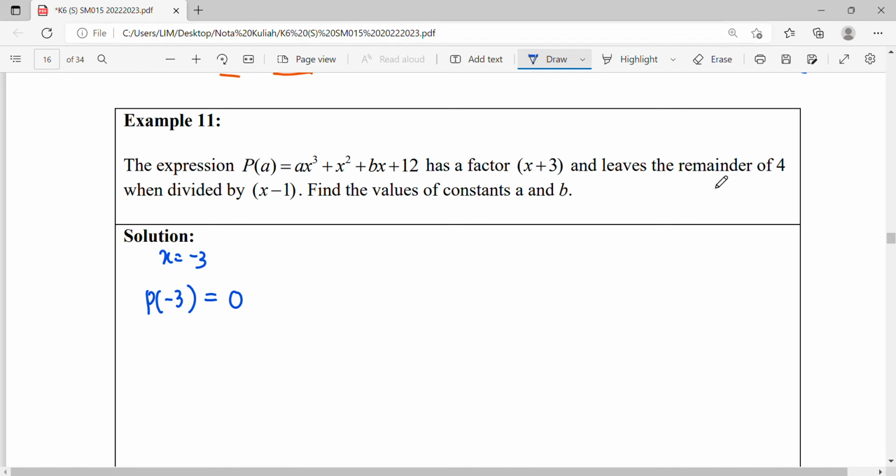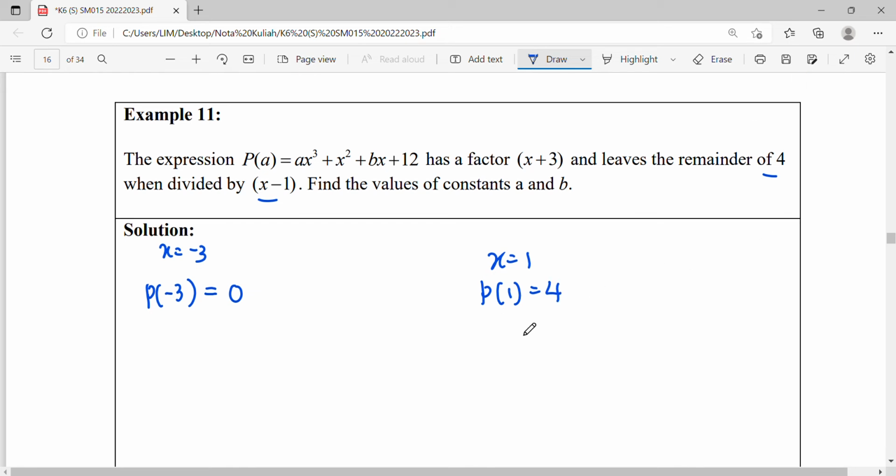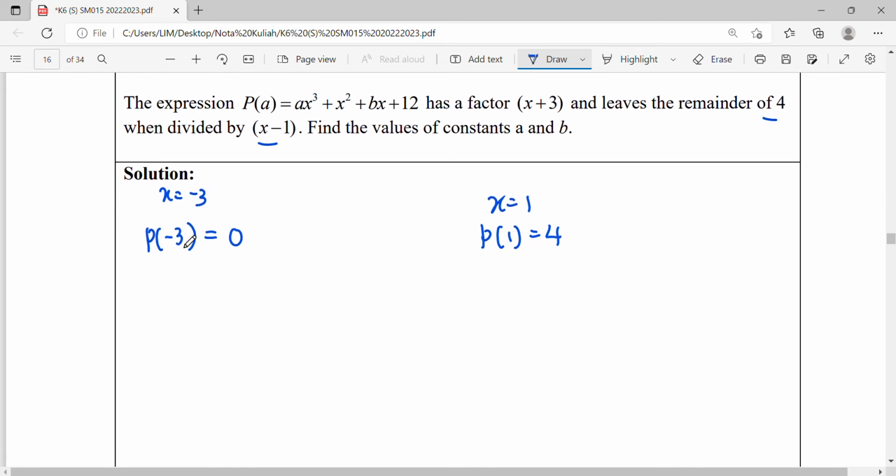So second information, remainder of 4 when you divide by x minus 1. So x equals to 1, P(1) equals to 4. So you can see remainder theorem, factor theorem. So substitute. What can we do? We can substitute into our polynomial. We have the polynomial here. Simplify the equation.